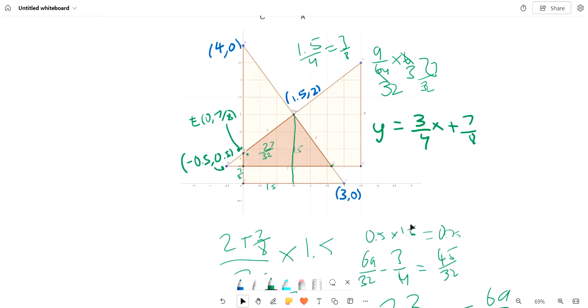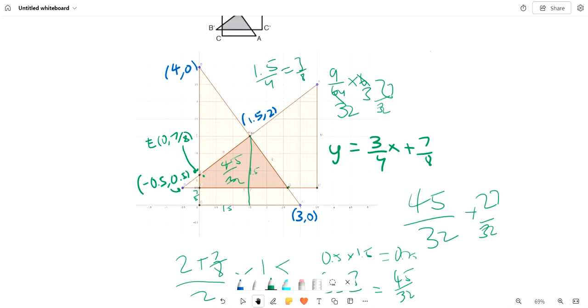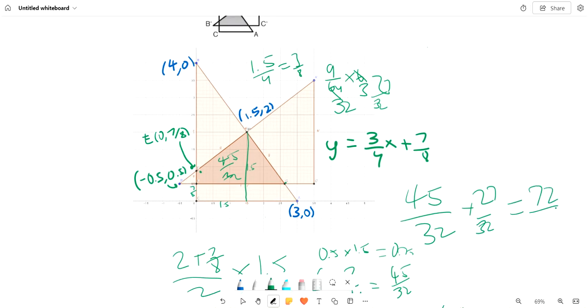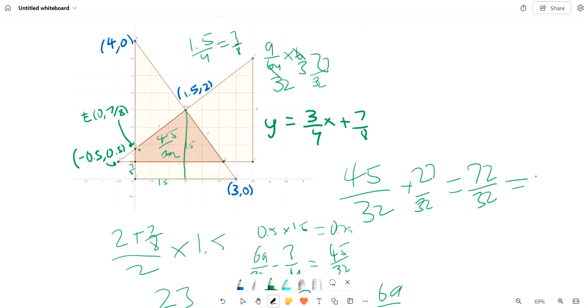And so we find that this is 45 over 32. But the total area is 45 over 32 plus 27 over 32, which equals 72 over 32, which equals 9 over 4. So that's our answer.